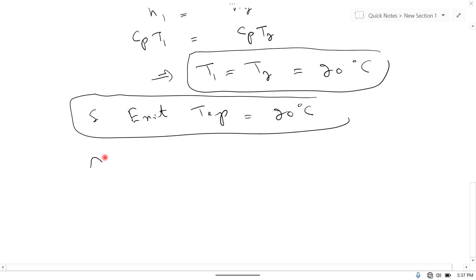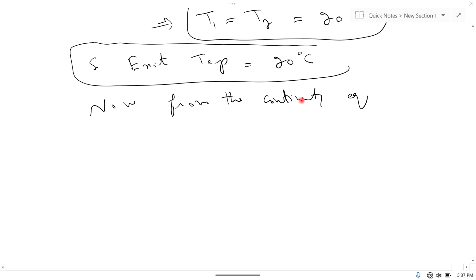Now from the continuity equation, m dot is equal to rho 1 A inlet V inlet, which is equal to rho 2 A2 or A exit times V exit.